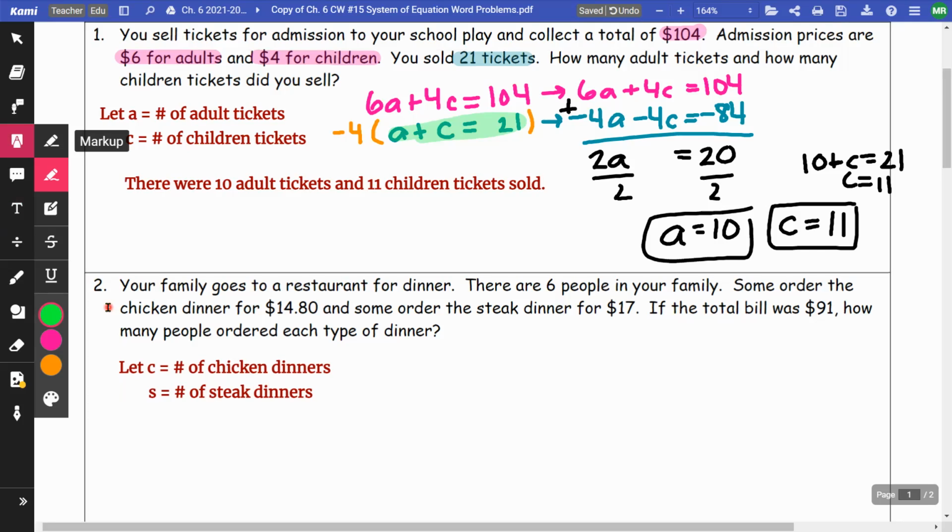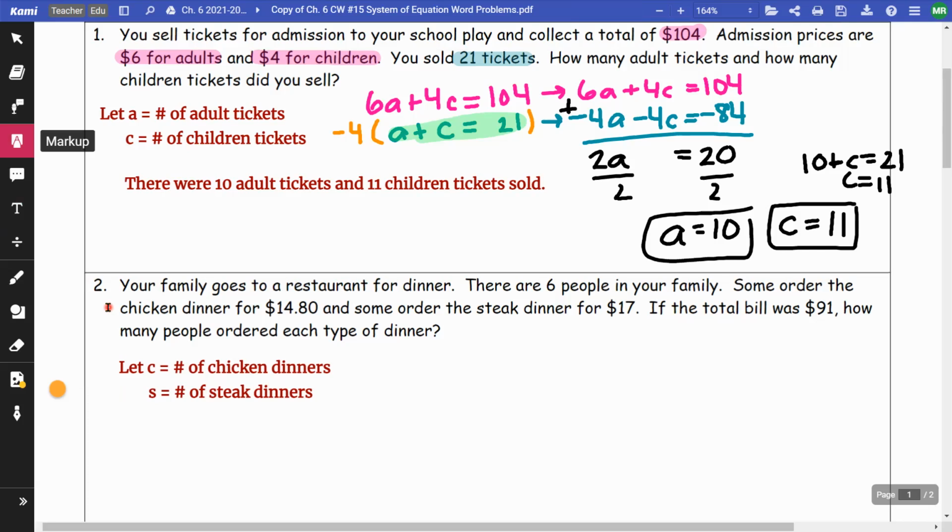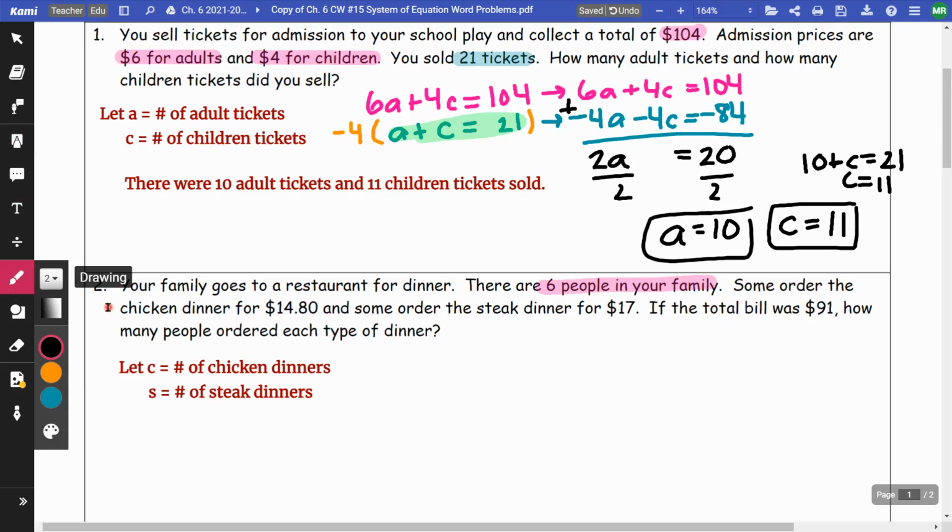So when I'm looking at this, there are 6 people in the family total. So that means that there were 6 dinners. So if I'm going to write an equation for that, I'm going to take C, which is how many chicken dinners, plus S, I'm going to do it as a cursive S so it doesn't look like a 5, is equal to 6 dinners total.